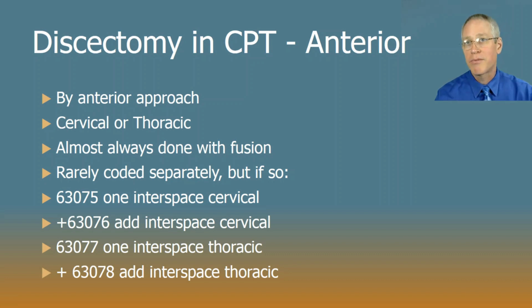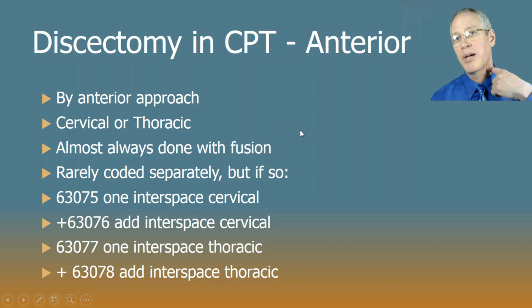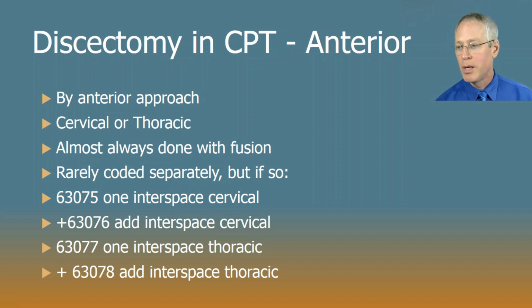And then a discectomy for anterior approach. So this is more commonly in the cervical or thoracic, where the actual pathway to the disc is more direct and avoids the spinal cord going anteriorly. Cervical is more common. Thoracic is a little bit weird. Now, discectomy done from an anterior approach is almost always done with a fusion. So it's rarely coded separately, and it depends on the circumstances.